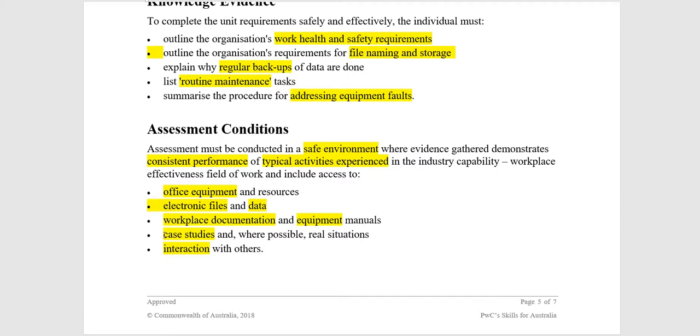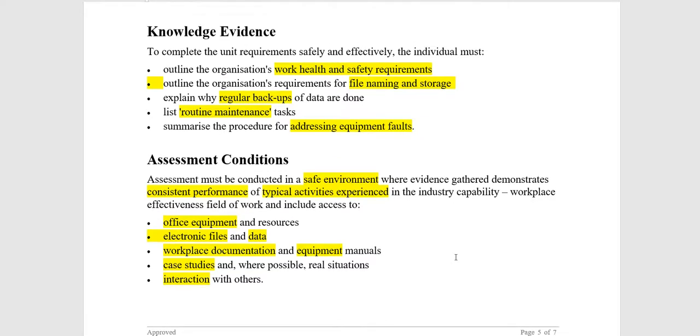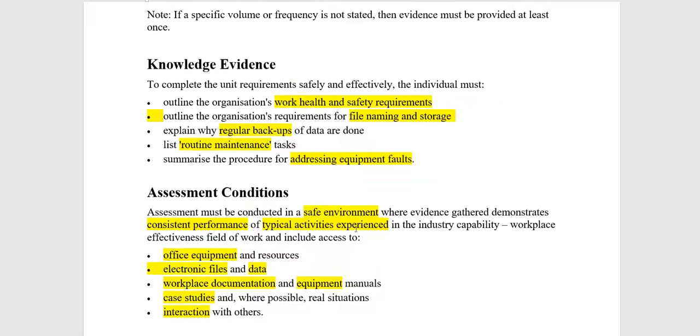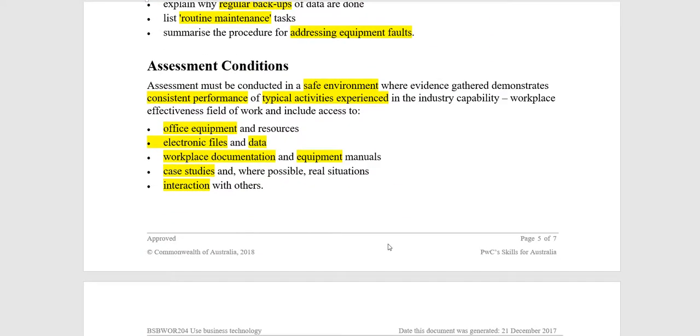And in some cases you could also use case studies and interactions. So this gives us some insight into what the methods are going to be. Between the performance evidence, the knowledge evidence, and the assessment conditions, we should be able to start to see the environment in which this learner will need to display their skill so that they can be deemed competent.